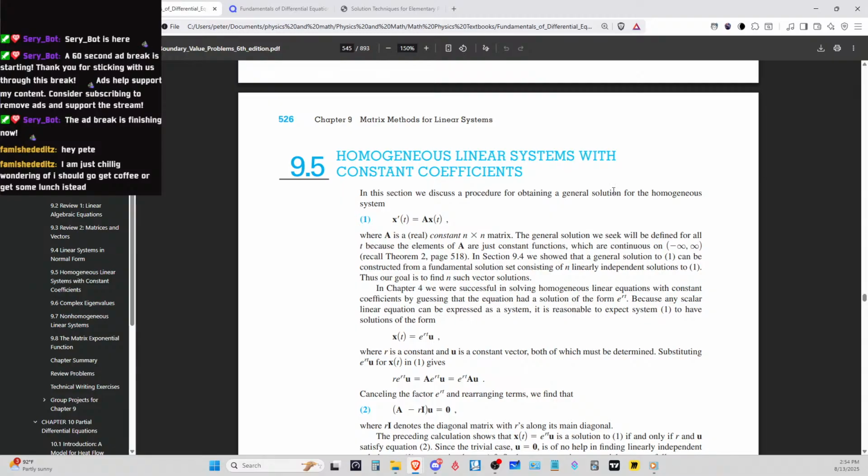Homogeneous linear systems, okay. I'm just chilling, wondering if I should go get coffee or get lunch instead. How much time do you have to get lunch or coffee? Are you on a strict schedule or something? If you don't have much of a time crunch, I would say get lunch.